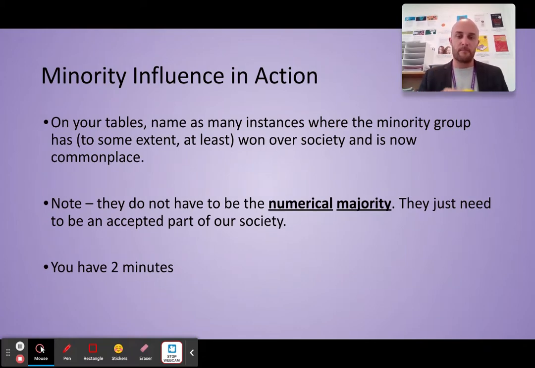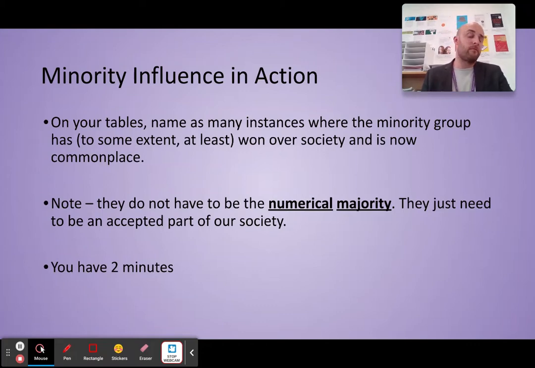Okay. Just one final note before we go into some AO2 type examples. It doesn't literally have to be a numerical majority we're talking about. When we talk about minority, women were once a minority.